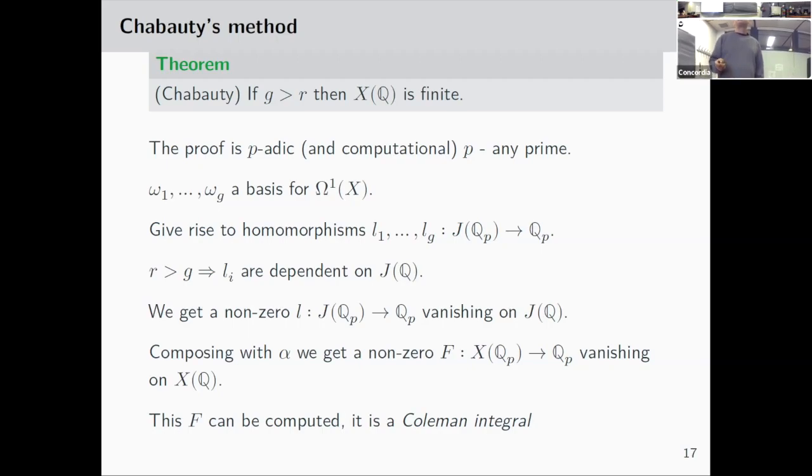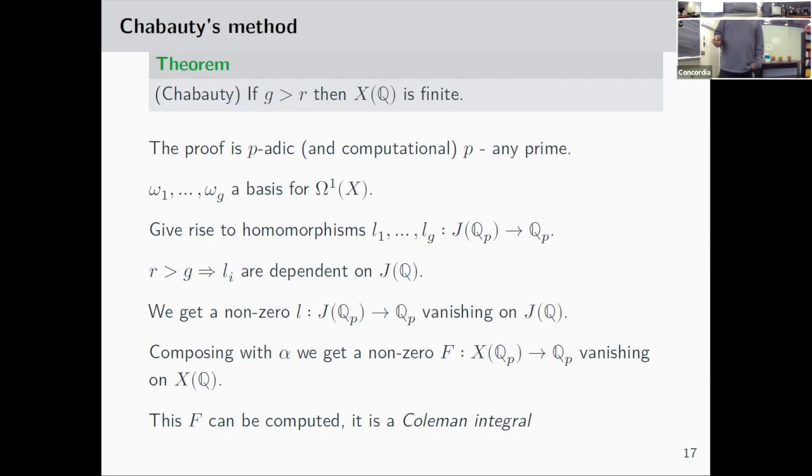And the proof is p-adic and computable. P, I can basically pick any prime. Well, for Chabauty, I can pick any prime. If I want to do this computationally right now, at least you have to assume that P is outside the finite set of primes with bad reduction.